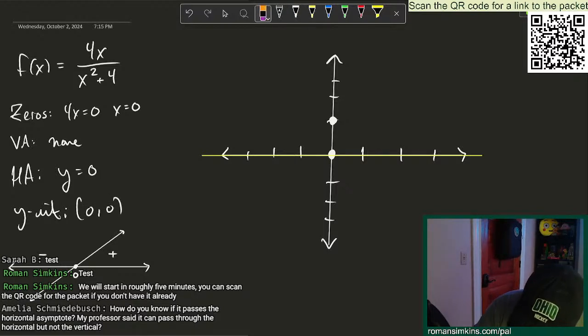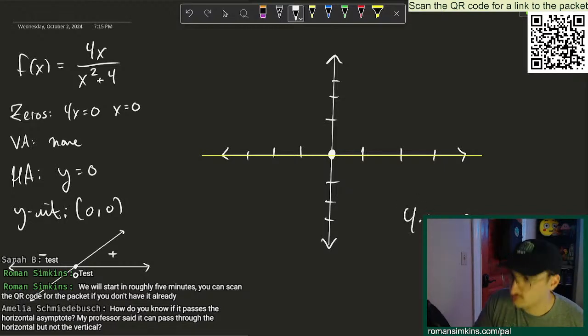So let me erase this point I drew. Y-intercept will also be 0 because for some reason I didn't realize that 4 times 0 equals 0. And then if you just take 0 divided by anything that's not another 0, you'll get 0 back. So yeah. Our only intersection, x-intercept or y-intercept, is at the origin.